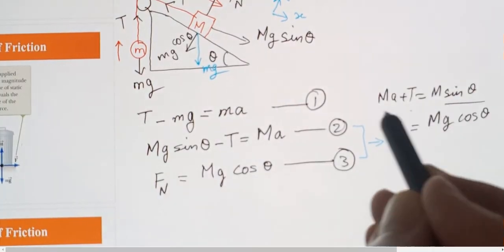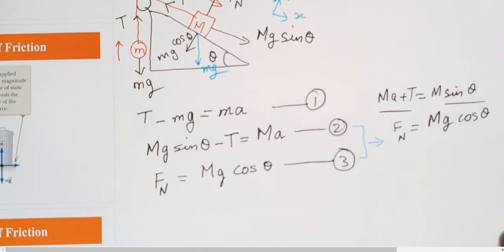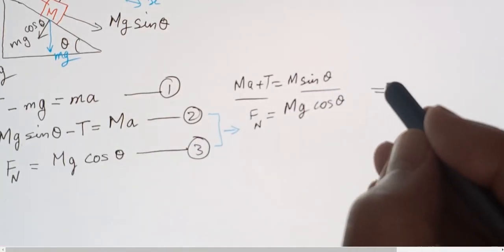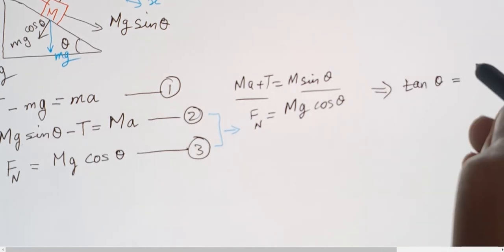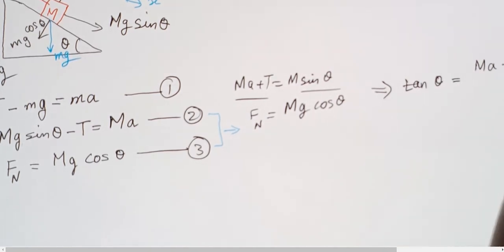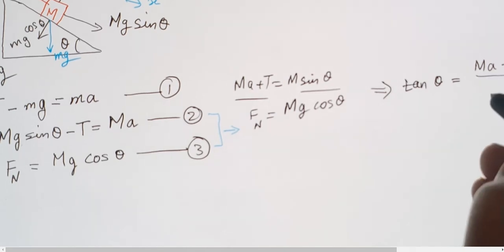So if you divide both of them, you end up with tan theta is equal to (ma plus tension) over the normal force.